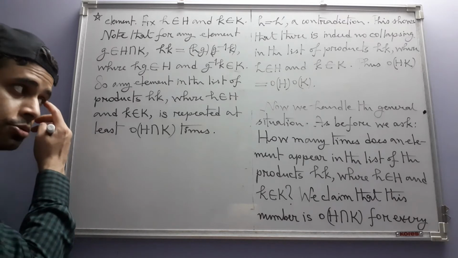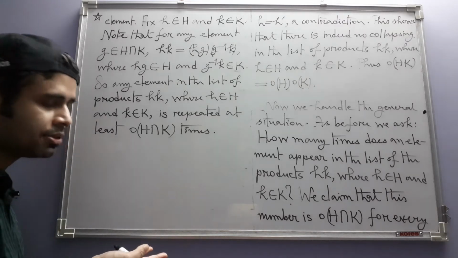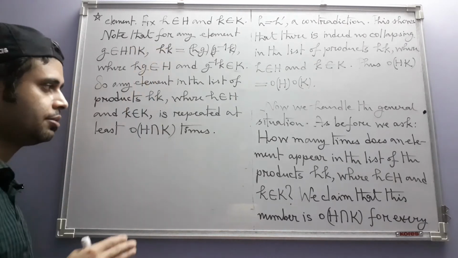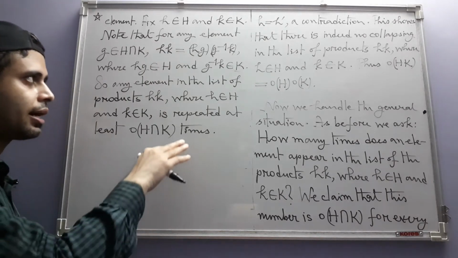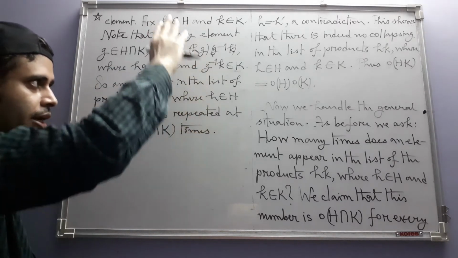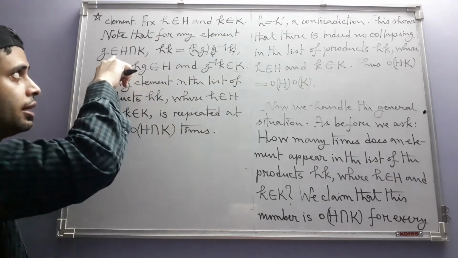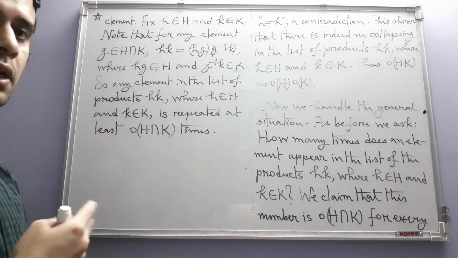Now if we can show that any other repetition of that same element has already been accounted for in this way of repeating the elements using elements of H intersection K, then our job is done.